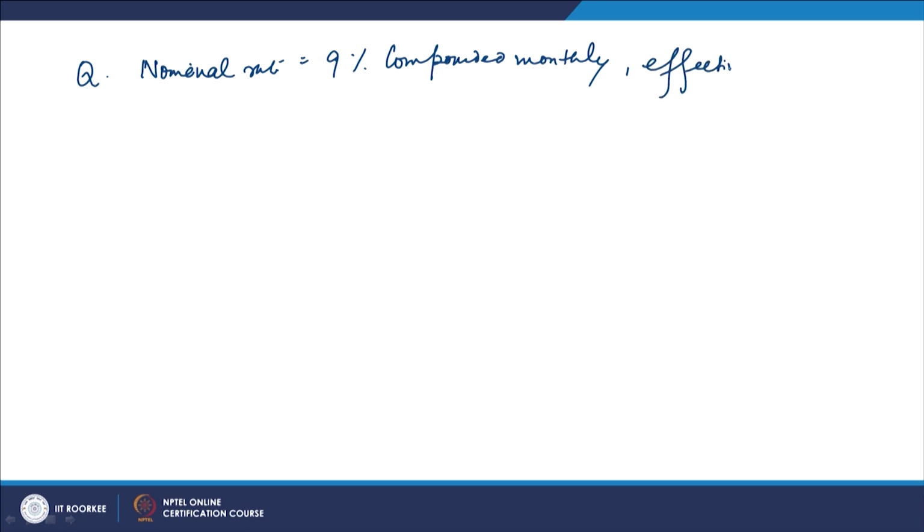So, your question is that the nominal rate is 9% compounded monthly, and you have to find the effective interest rate per month.